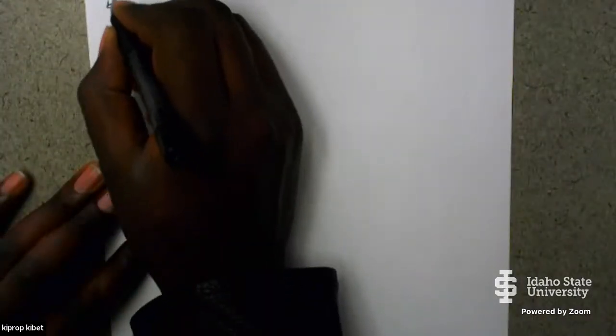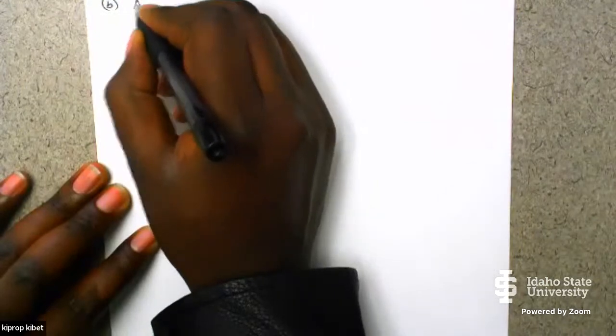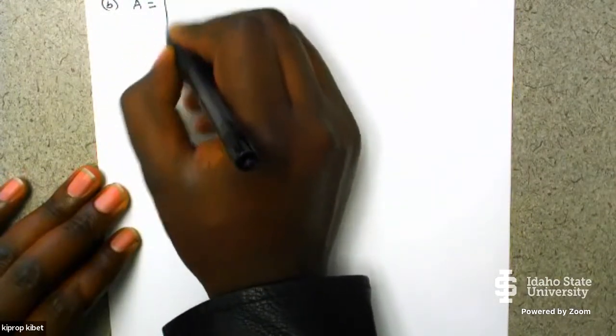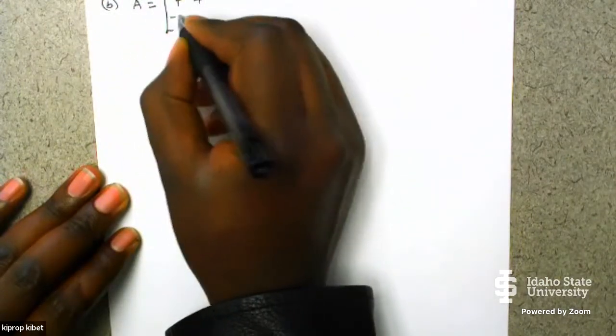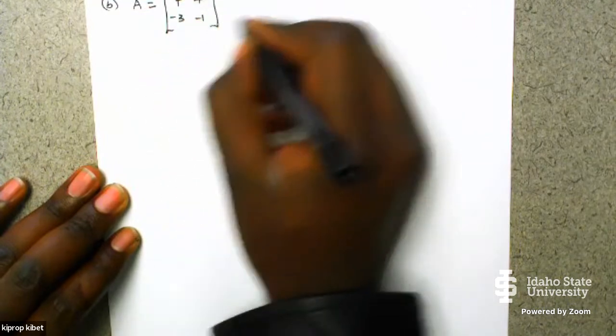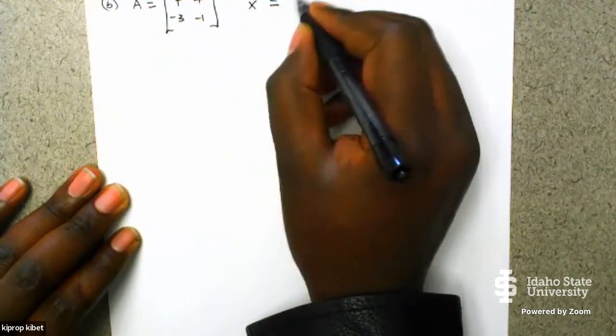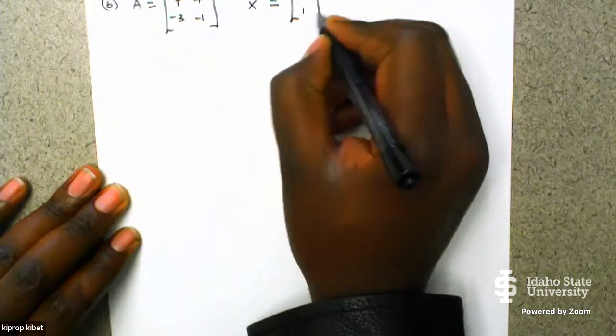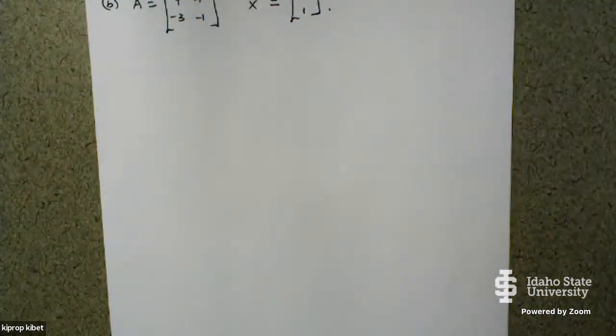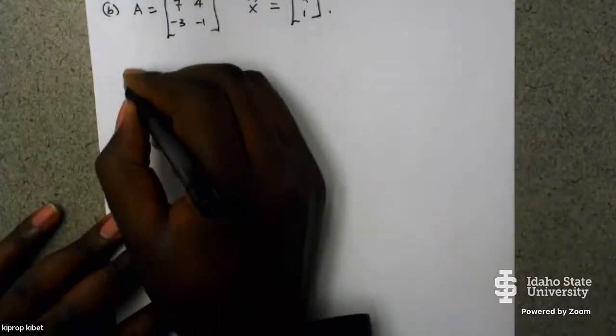Number B, if we have our A to be equal to [7, 4; -3, -1], and our X to be equal to [2; 1], determine whether that is an eigenvector corresponding to any eigenvalue. So we multiply the same way.